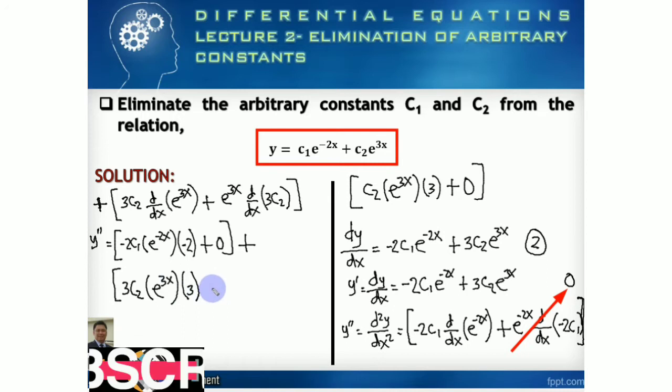Okay, plus again for this term, it is just equal now to 0, since the derivative of a constant is 0. So your constant here is 3c2. So it is actually here plus 0. So simplifying this one, we have y double prime is just equal now to this negative 2 times negative 2 is positive 4.